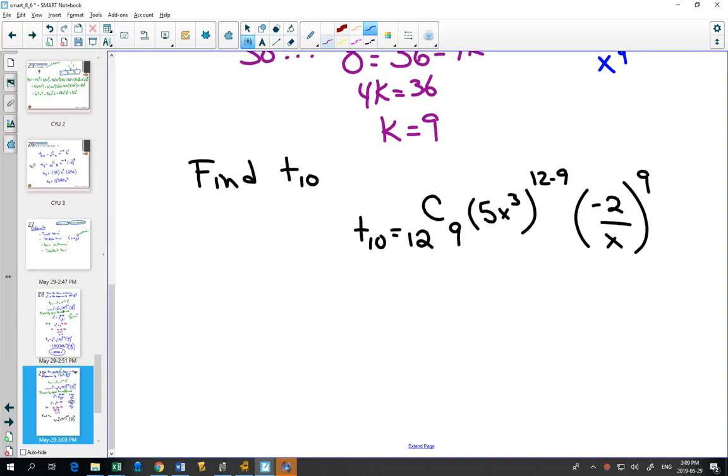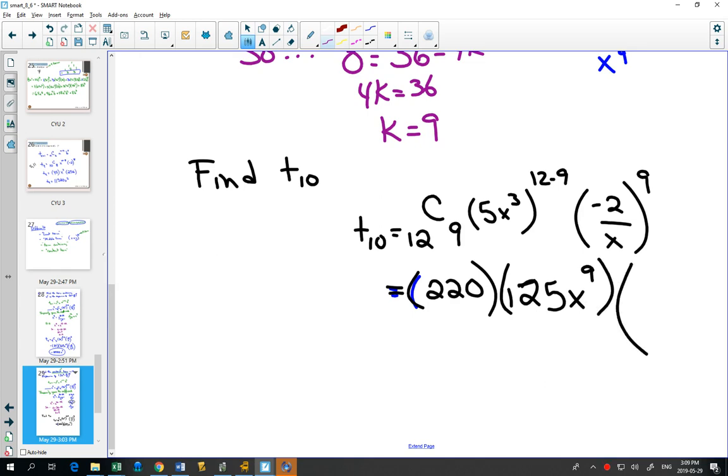So 12 choose 9 is 220. And 5 to the 3 is 125. x cubed to the 3 would be x to the 9. Negative 2 to the 9 will be negative because it's to an odd number, negative 512 over x to the 9.